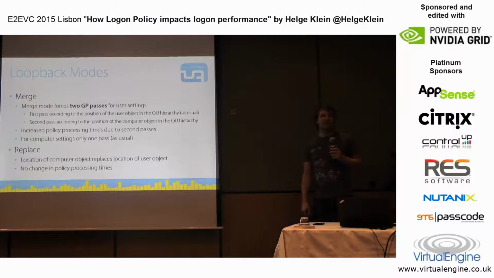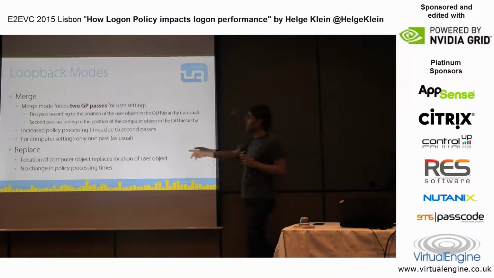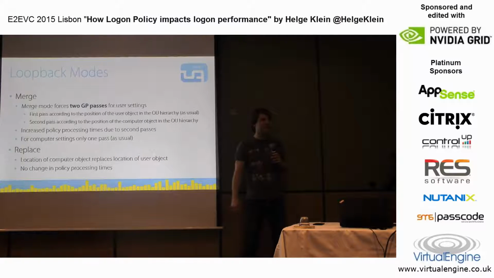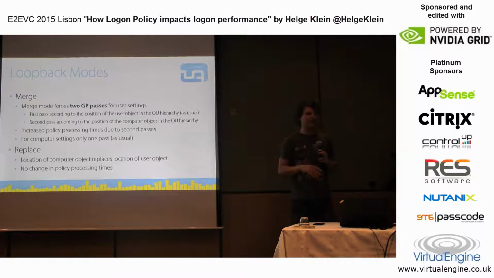But with loopback mode, that is kind of changed. I'd start with replace mode, because that is easier. With replace mode, the user object is ignored, and the user settings are taken from the location of the computer object. That is all. Easy and simple and fast.